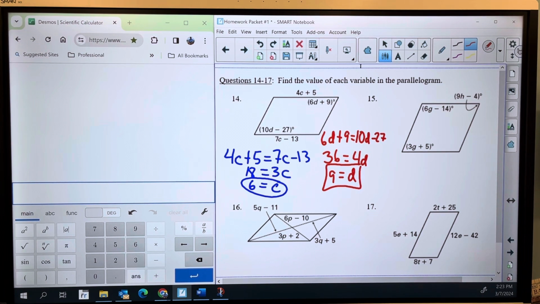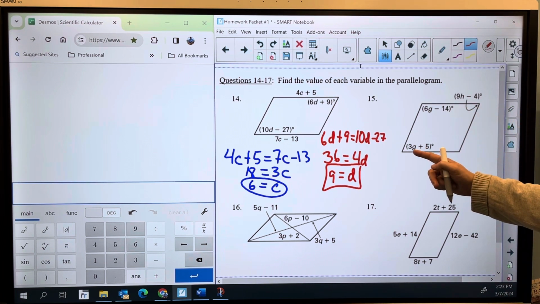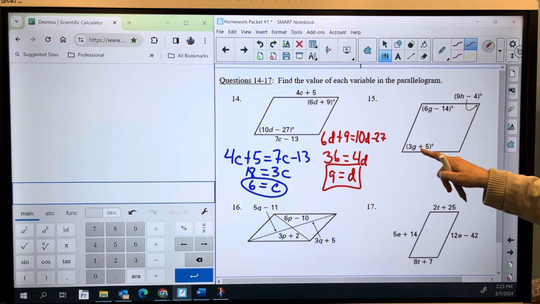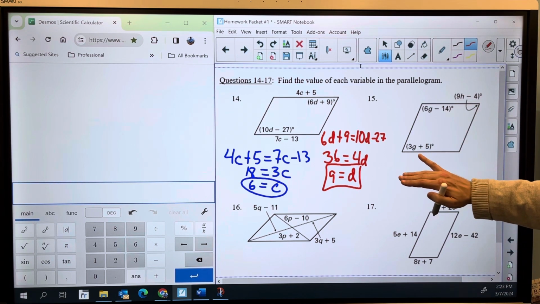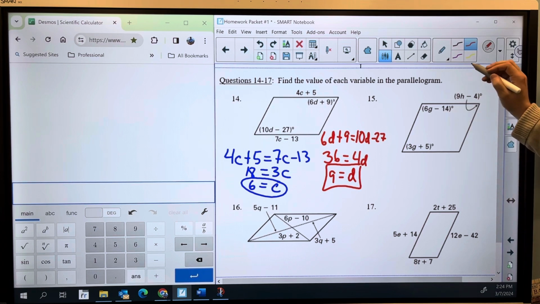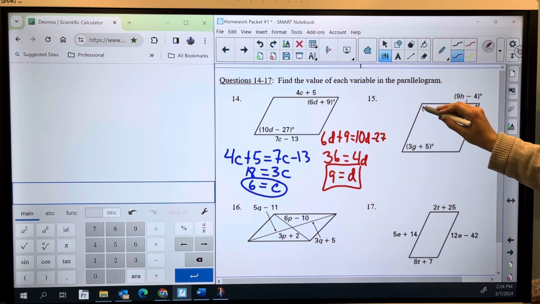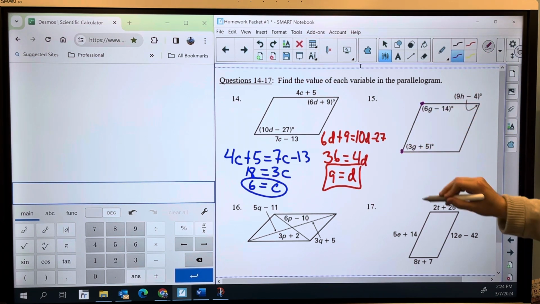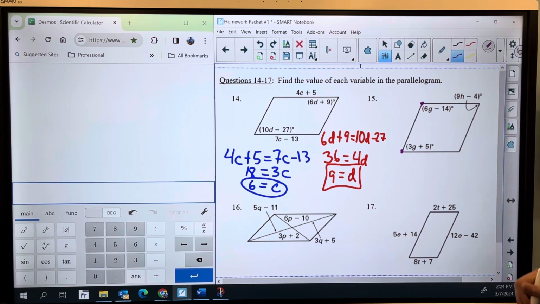Number 15, again, I've got those opposite angles right there. Now, if you set up that equation, you're going to notice real quick, you've got 3G and 4 and 9H. Not going to help us. We got 1G, 1H, one equation. Can't solve for both. So instead, I'm going to use this angle right up here and this angle right up here. Since those are consecutive angles, those angles have to be supplementary.